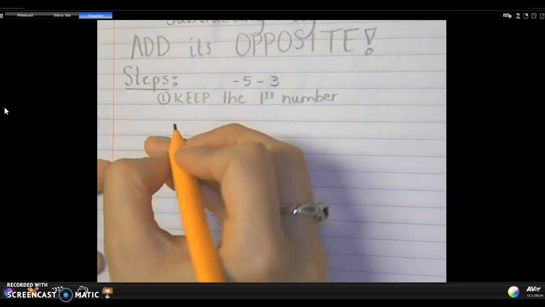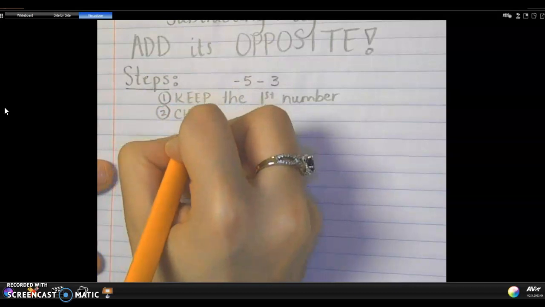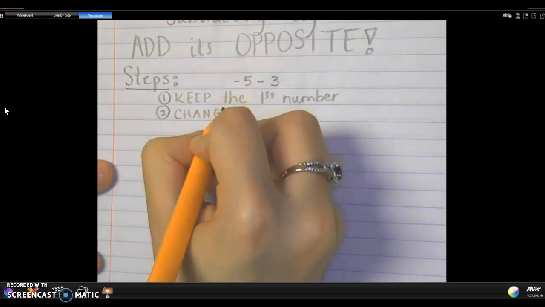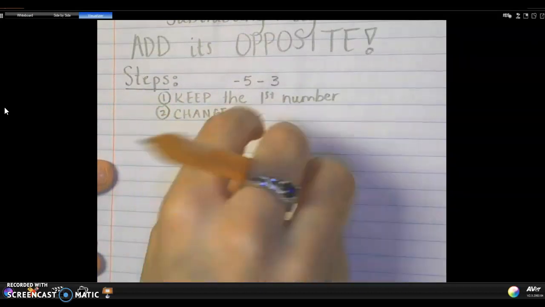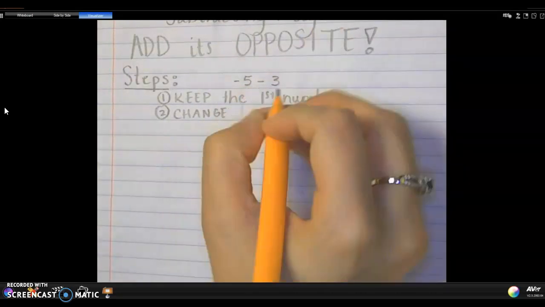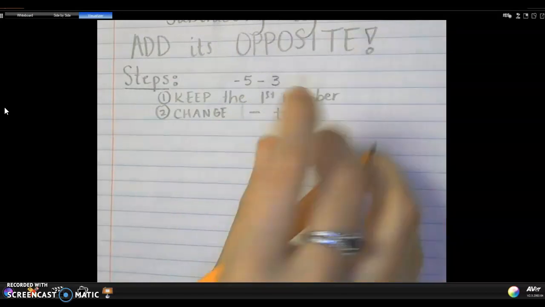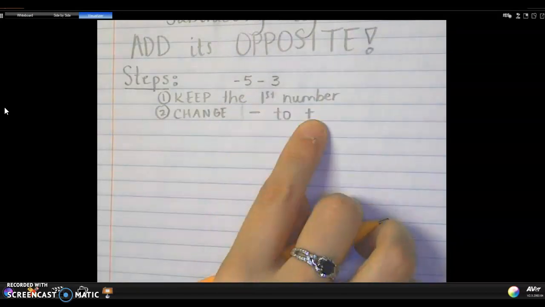My second step will be to change the minus symbol, change minus to plus. So instead of subtracting, you're going to add.